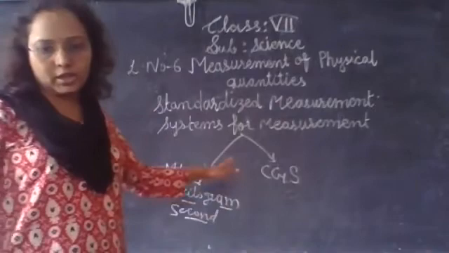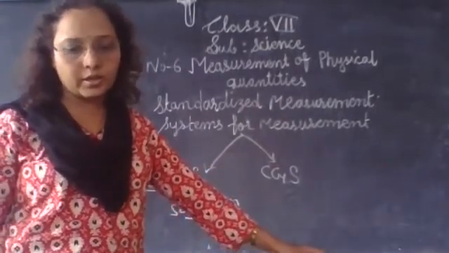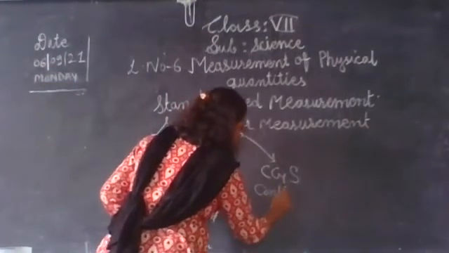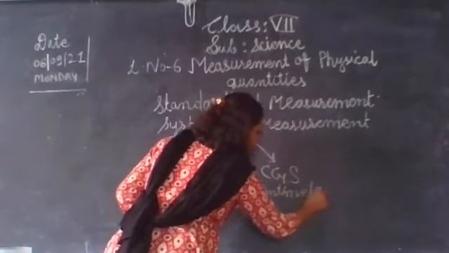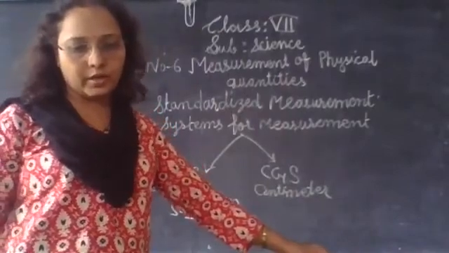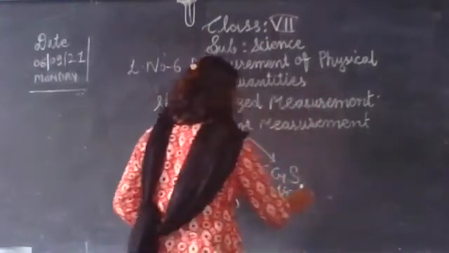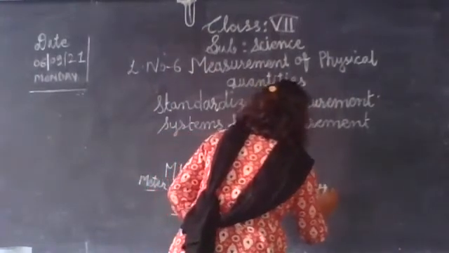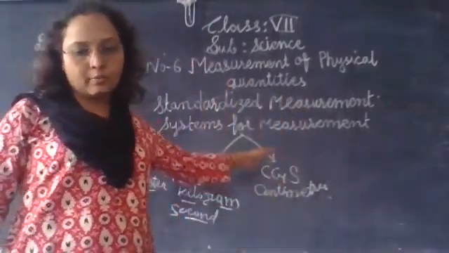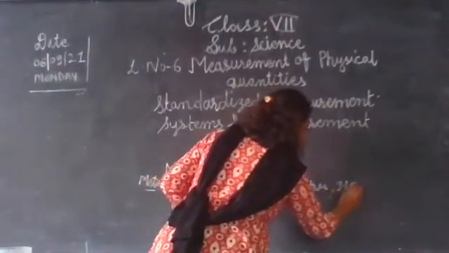Okay, then CGS. In this system, distance is measured in centimeter. Then G for mass is in gram.